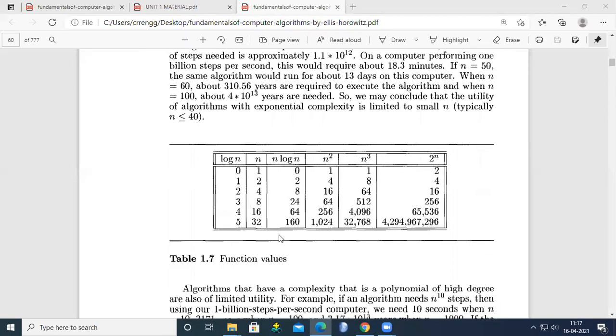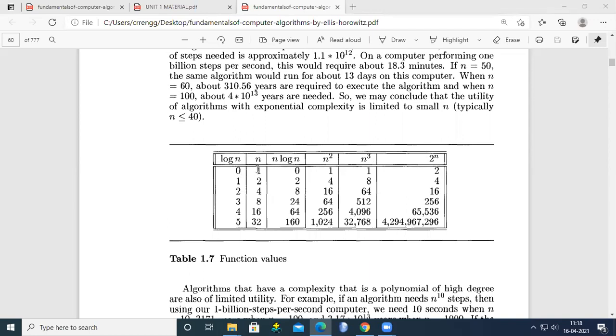Now see this table. We have the function values: logarithm of n, n log n, n square, n cube, 2 power n, all these are functions. For example, n equals 1.